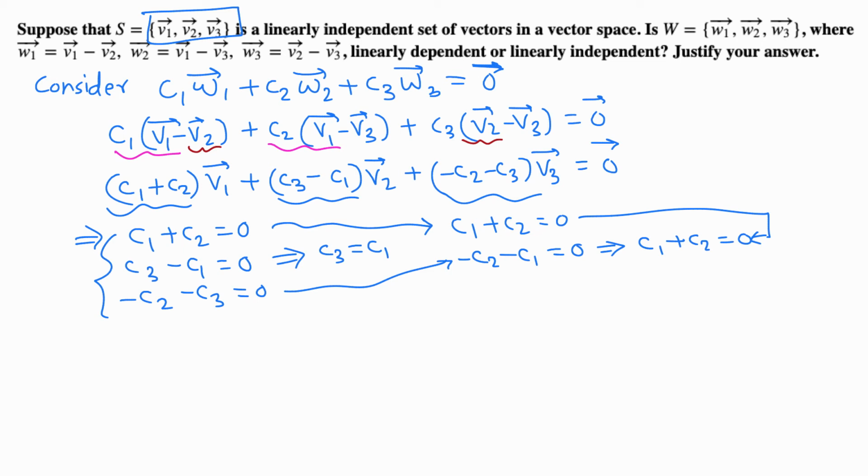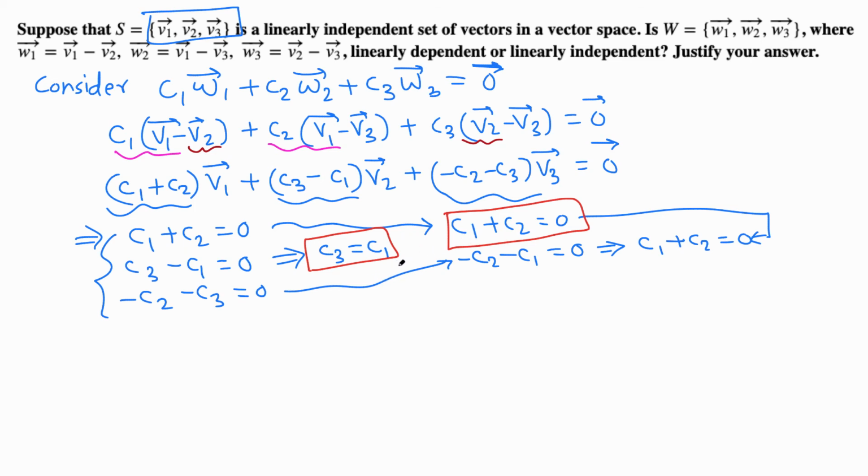Can someone give me the solution here? c3 and c1 are equal, c1 plus c2 is 0, nothing new, this is the same as this. So from these two we know that c1 = 0, c2 = 0, c3 = 0 is a solution, but we want to see if there are other solutions.